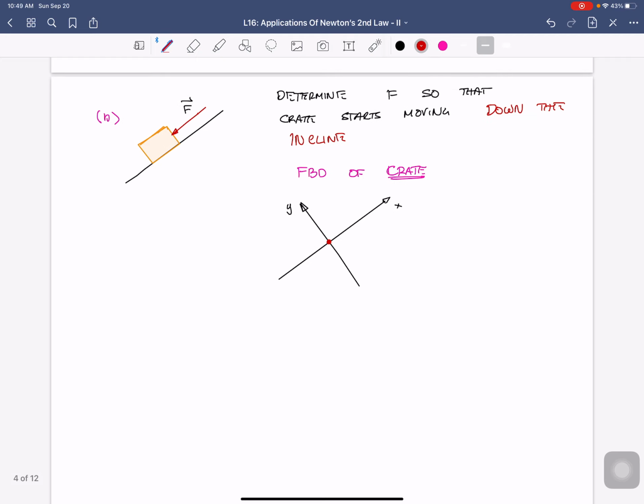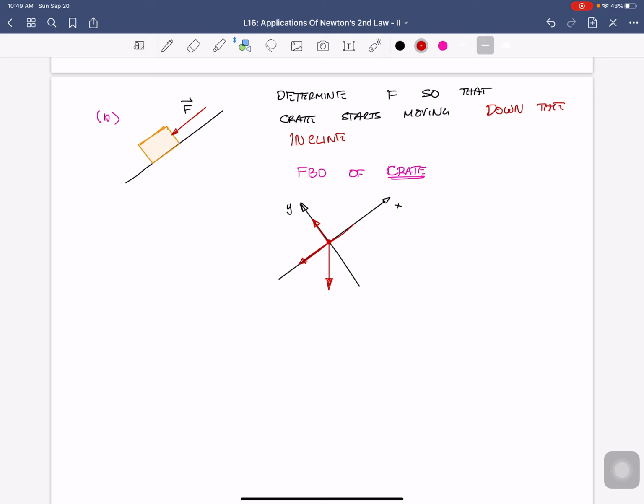Forces acting on the crate are the force of gravity, the pushing force directed this way, and the normal force acting that way. Now you're trying to get it to slide down, so friction prevents it, and Jason exerts the force required to overcome that frictional force.